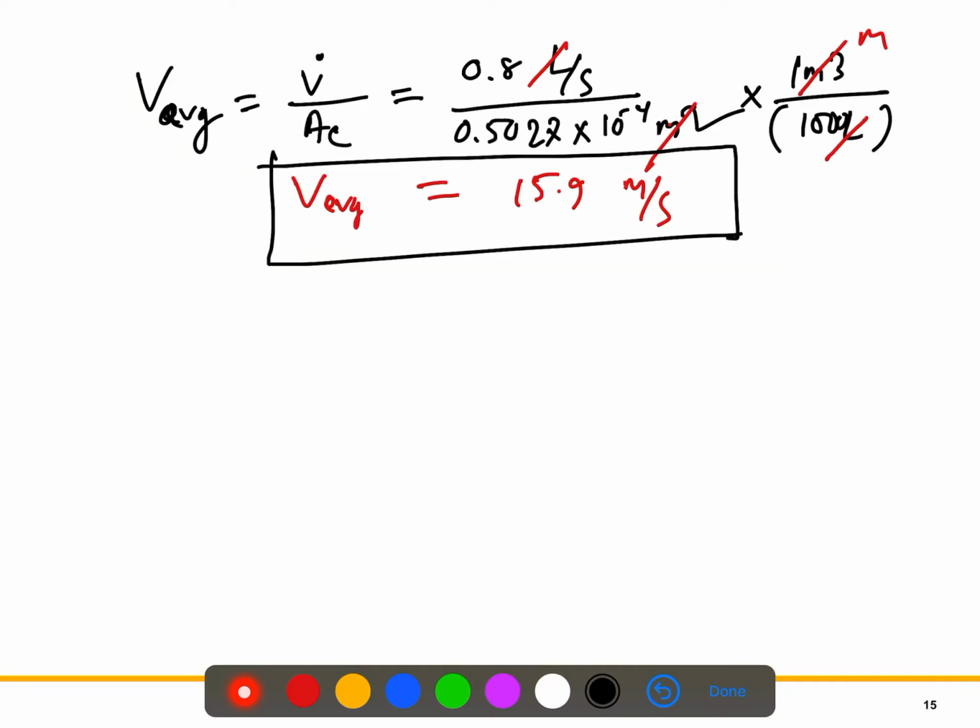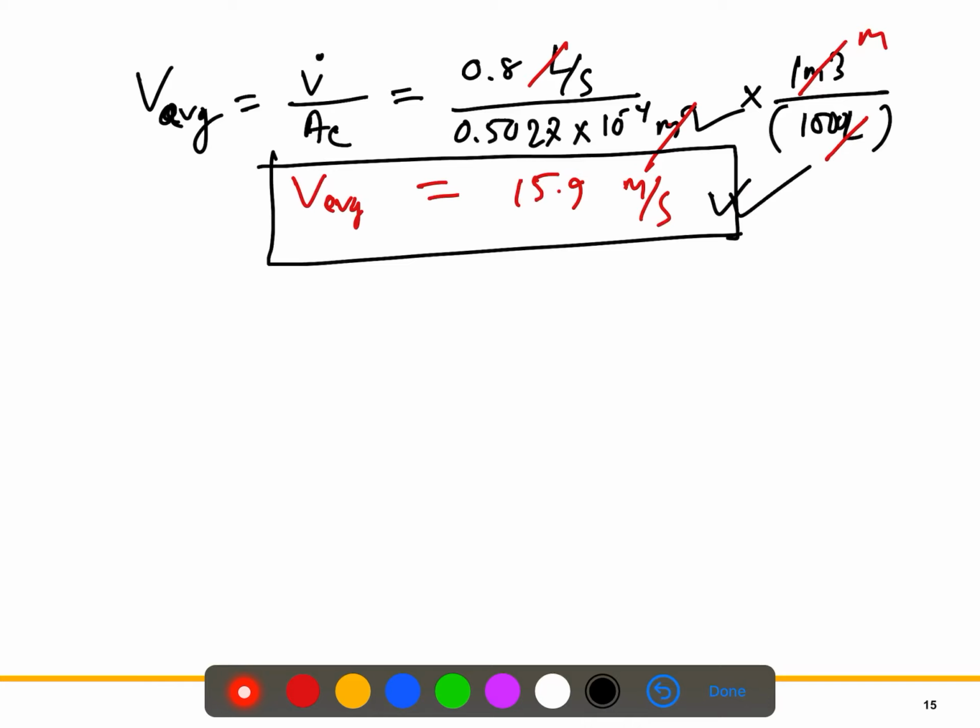So what we got, guys, is that at the exit of the nozzle, the average velocity is this. If in the next quiz I give you this same question and ask what the average velocity in the garden hose will be, can you calculate, guys?